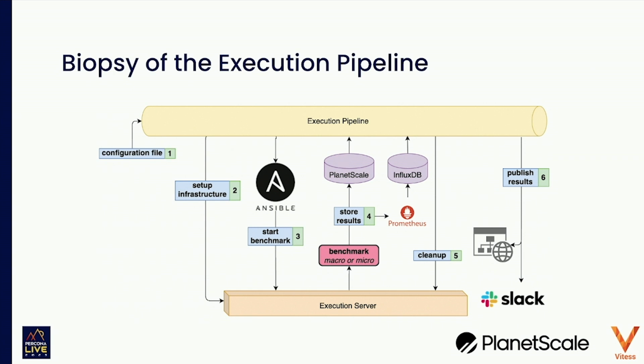It will run. It's either going to be a macro or micro benchmark. And during that time, we store all the results in either the SQL database, which is PlanetScale, or the metrics collector. Eventually, once the benchmark is done, we make sure to clean up the entire execution server again. And finally, we publish the results on the website and on Slack if ever there is a regression.